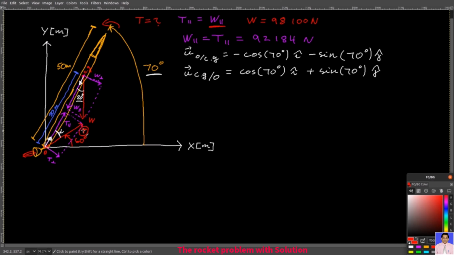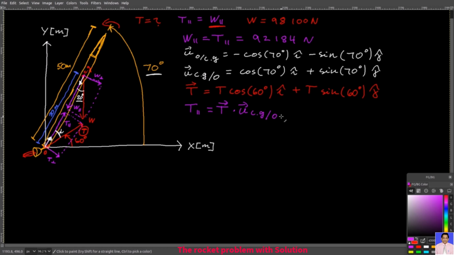And now we need to decompose this thrust force. It equals T times cosine 60 degrees I plus T times sine 60 degrees J. And now T parallel equals the thrust force dot UCG with respect to O. It equals this one, which is 92184 newtons.